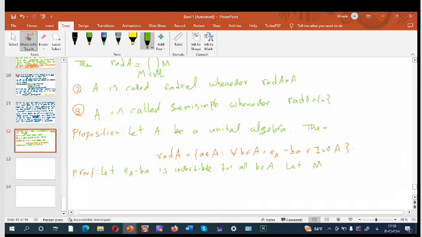Let M be a maximal ideal in the unital algebra.